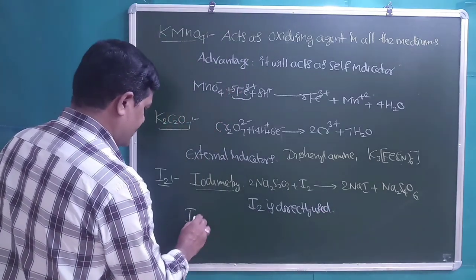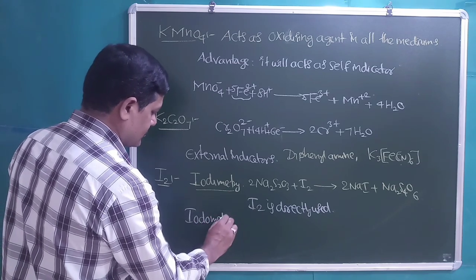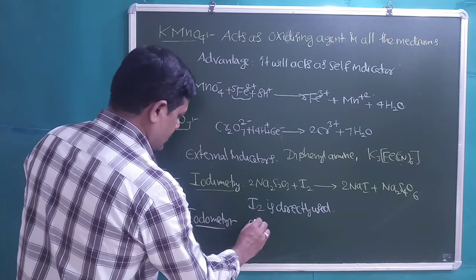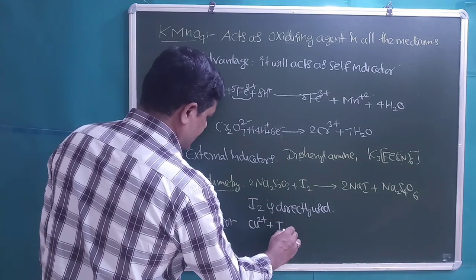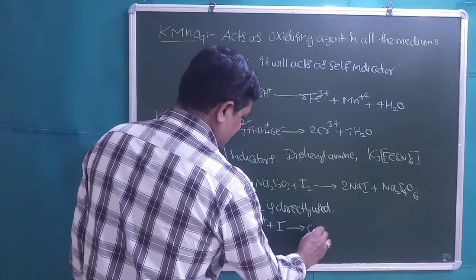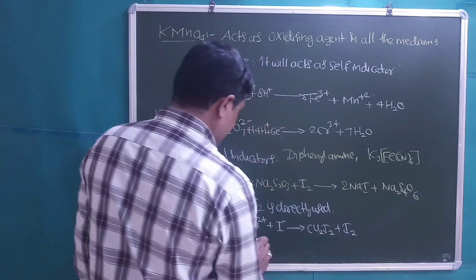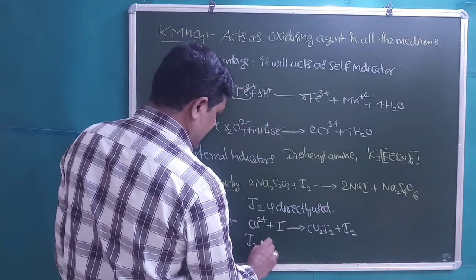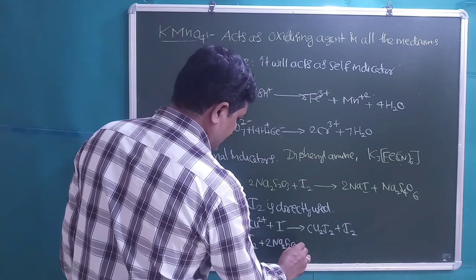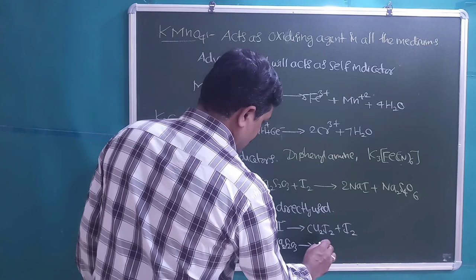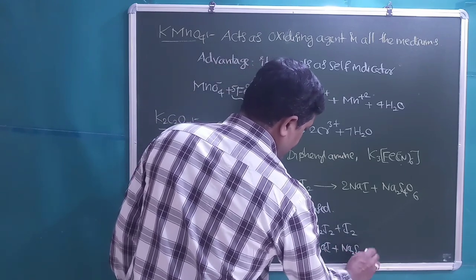The other type of titrations, in which iodine is indirectly used, is called iodometry. Cu2 plus ions can be estimated first by titrating against I minus, which will be oxidized into I2, and further this iodine can be estimated by titration with standard sodium thiosulfate Na2S2O3, which gives 2NaI plus Na2S4O6.